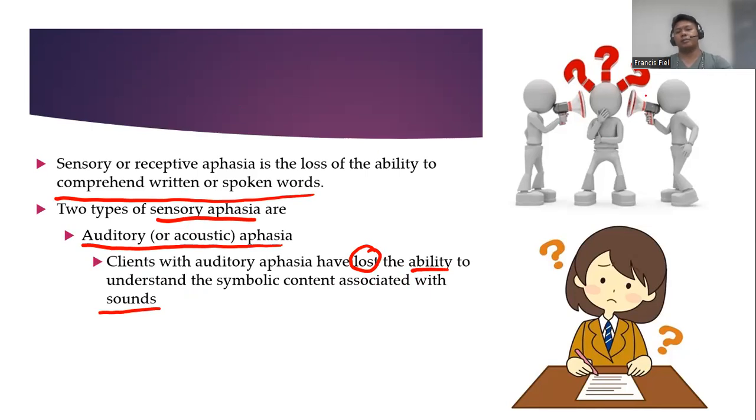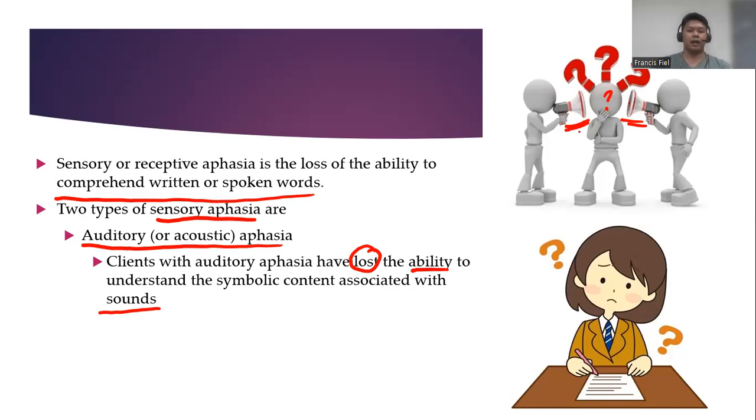Alright? So, ibig sabihin, hindi niya maintindihan ano yung mga sinasabi ng ibang tao through sound. Kasi, hindi ma-process ng brain niya yung sound na yon. For example, pag sinabi kong dog, automatic na ang pumupunta sa isip nyo is aso, di ba? Or whatever dog you can think of, pet nyo sa bahay.